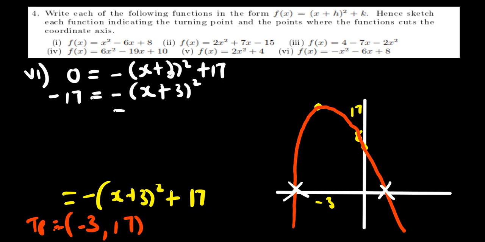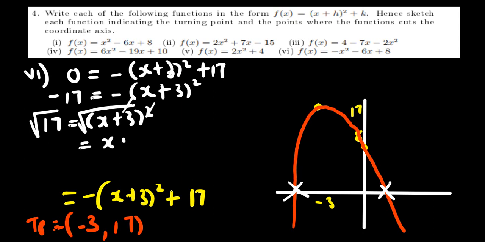Then I'm going to divide by the negative on both sides, so I have 17 is equal to x plus 3 squared. To cancel the square, I take the square root. So the 2 and the root will cancel, and I just have x plus 3 is equal to the square root of 17.